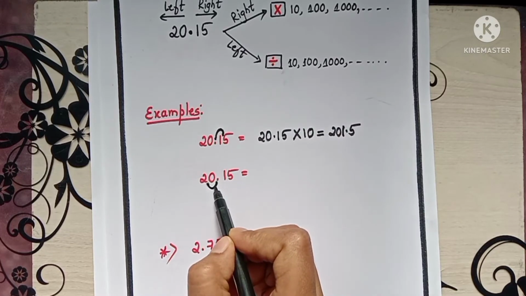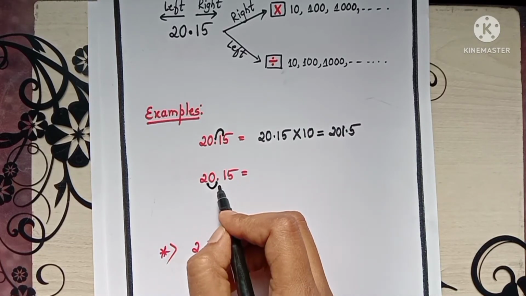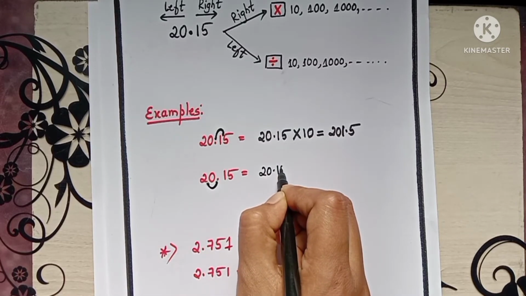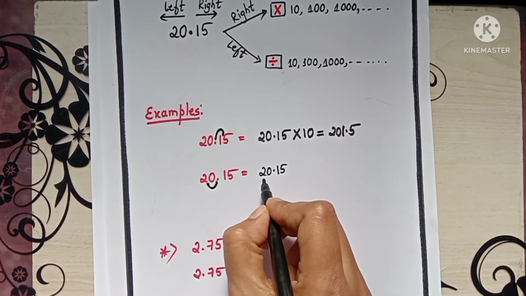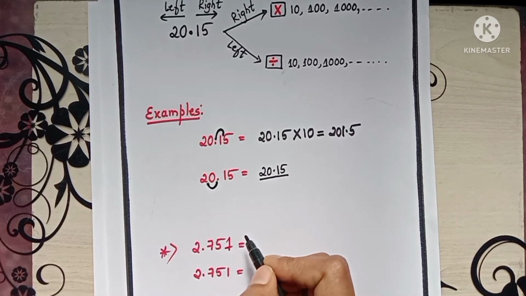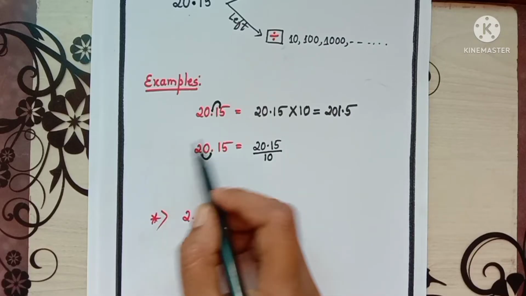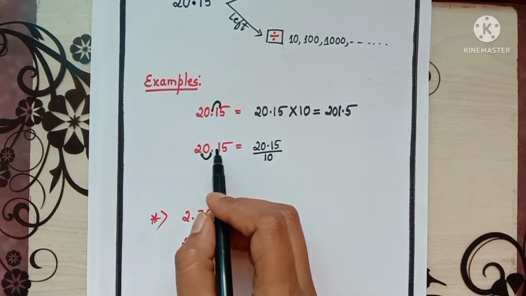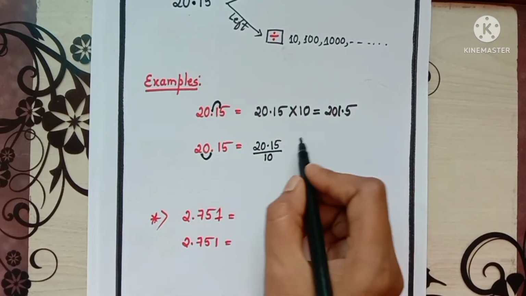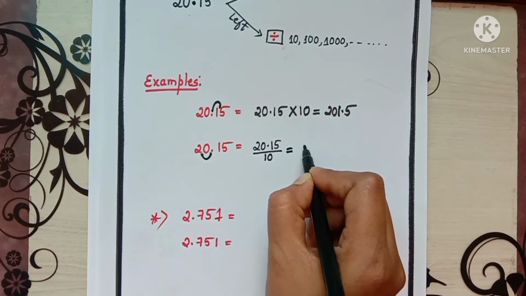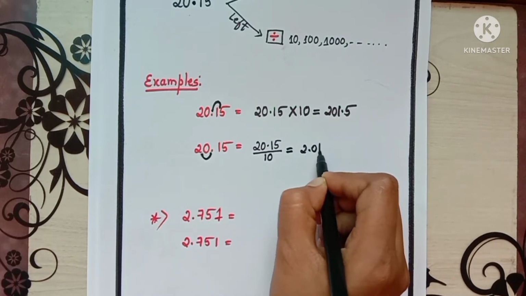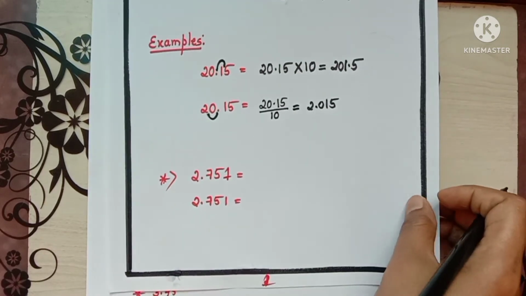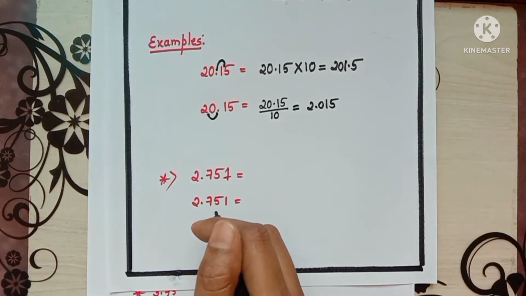So I am shifting to the left side, means I have to divide the number. That is 20.15 divided by 10. Left side means I have to divide. So this will be 2.015.